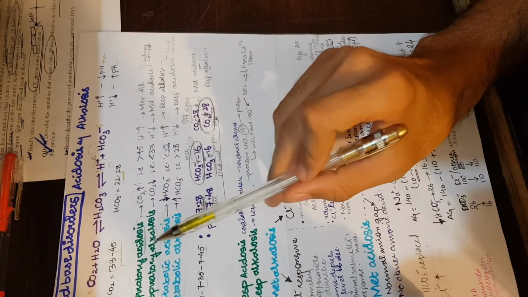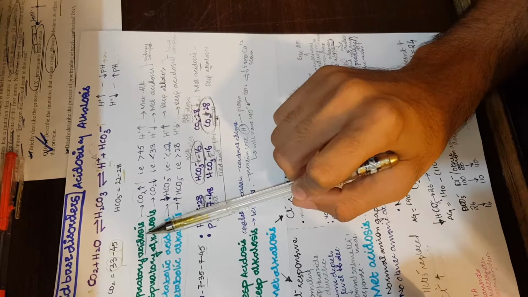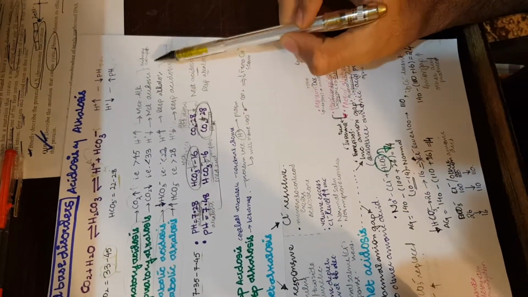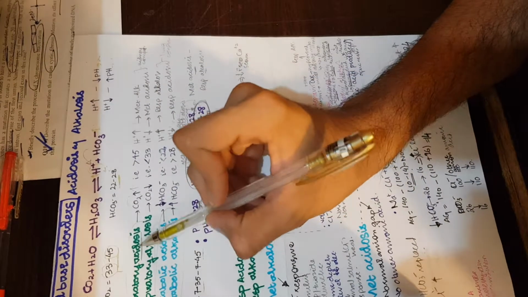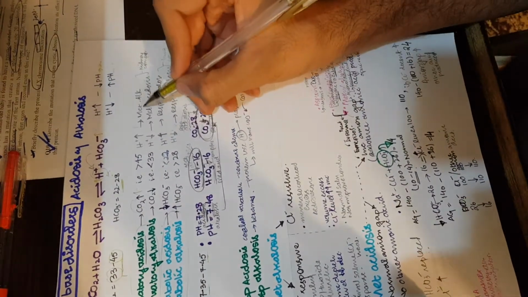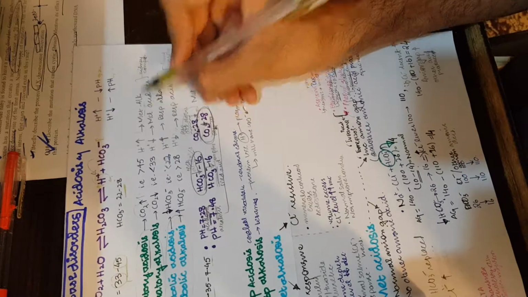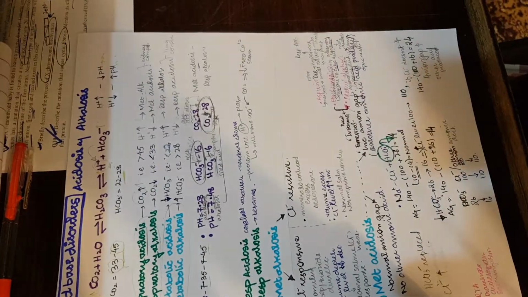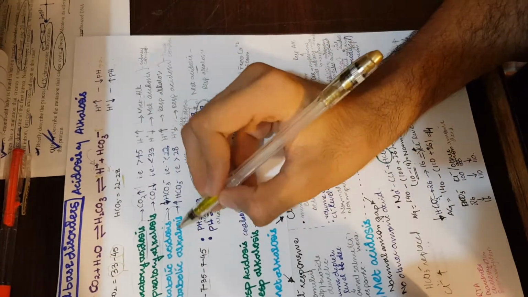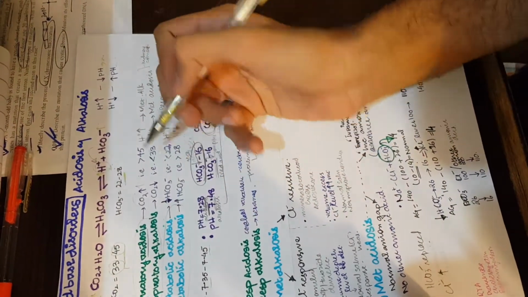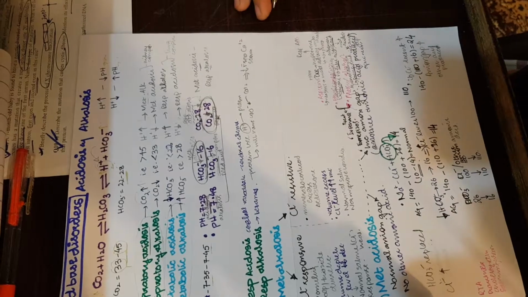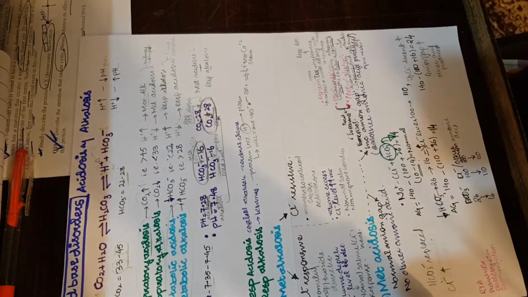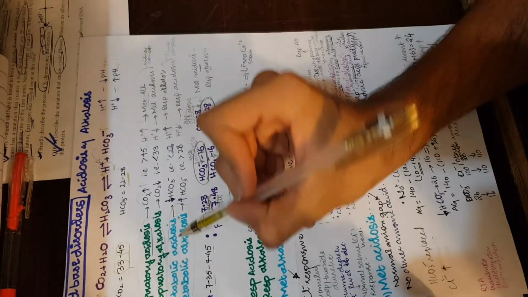For example, if there is a problem in respiratory acidosis, it would lead to a compensatory mechanism by the kidneys. So respiratory acidosis would have the compensatory mechanism of metabolic alkalosis. Similarly, if the kidneys are not able to excrete, or there is over-excretion of bicarb, or it is being produced less, the lungs will compensate.